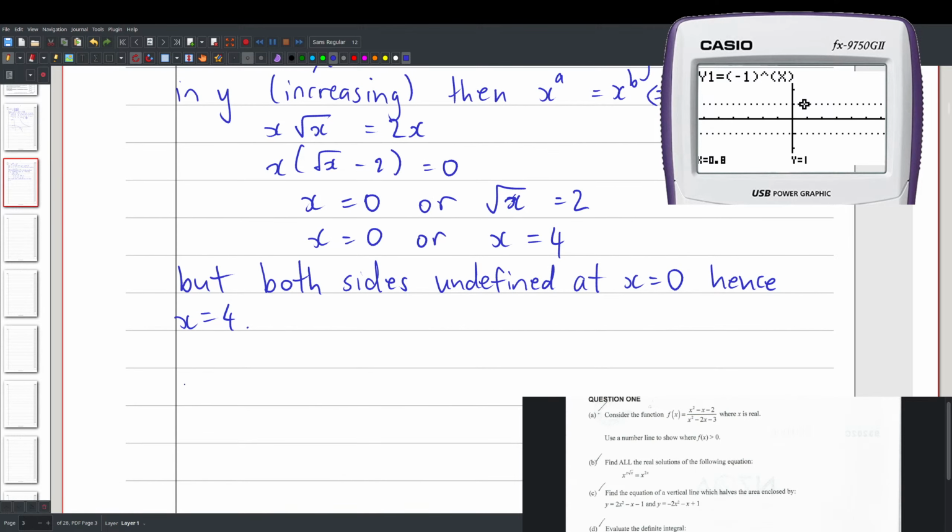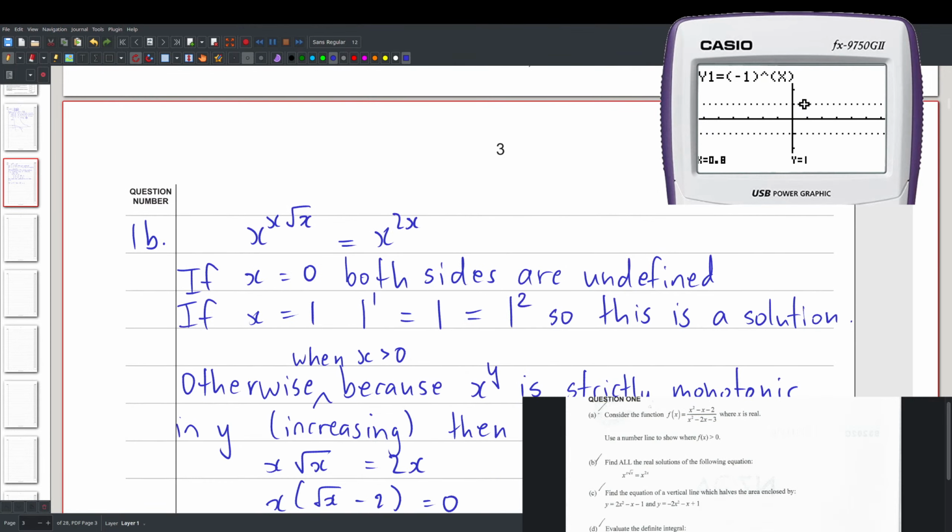So if x is less than 0, then root x is not real. But how do you prove that a negative number to the power of a complex number isn't real? Because what if x to the power of 2x was also a complex number?